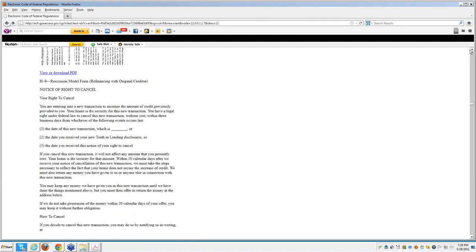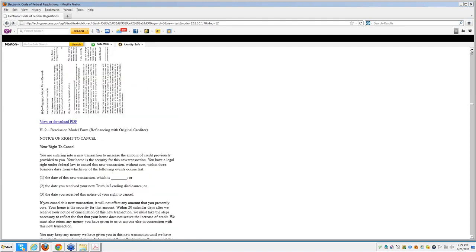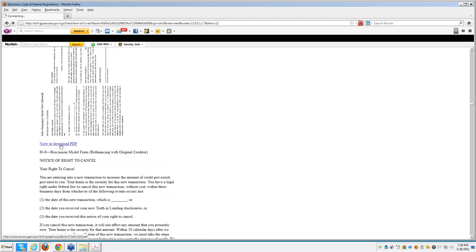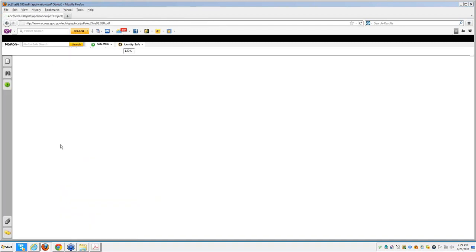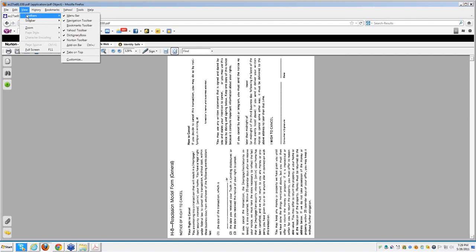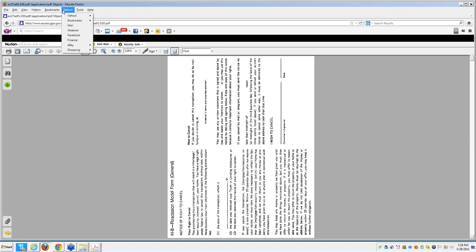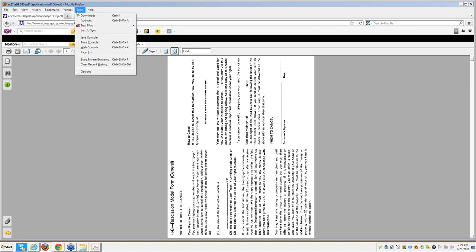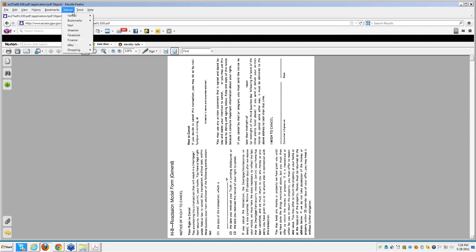Okay, here's the form right here. Here's the rescission form. Okay. Can you rotate that, Gene? It's not going to let you rotate.